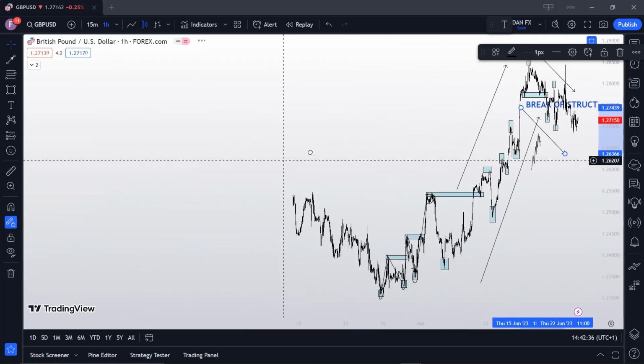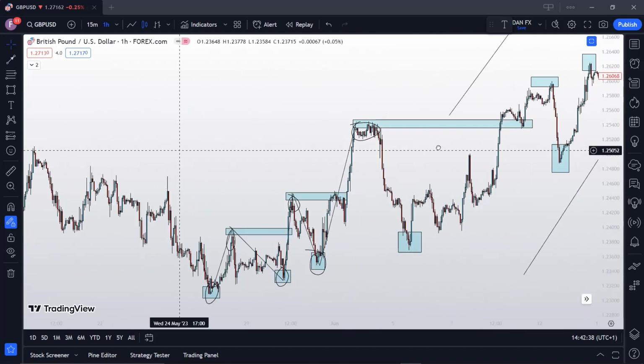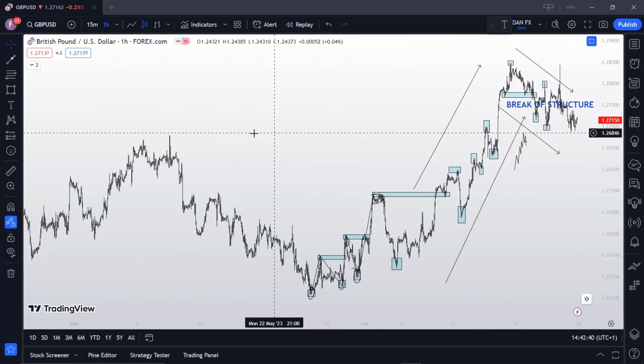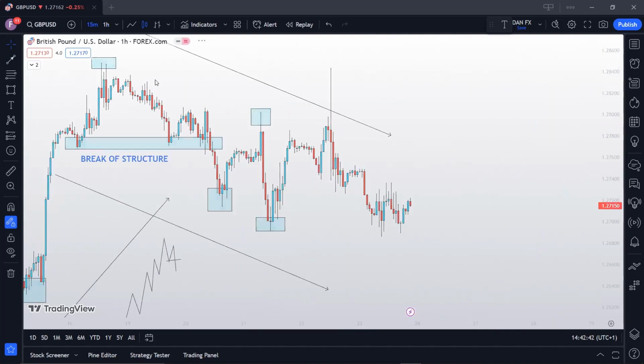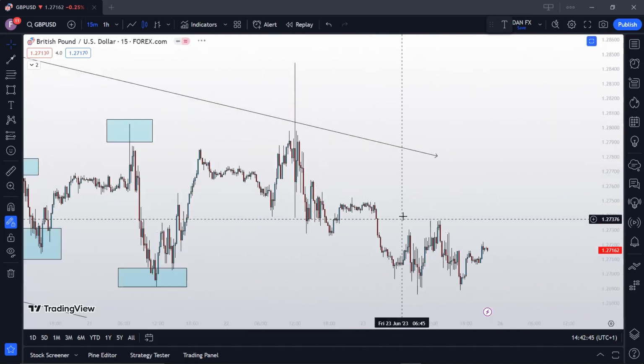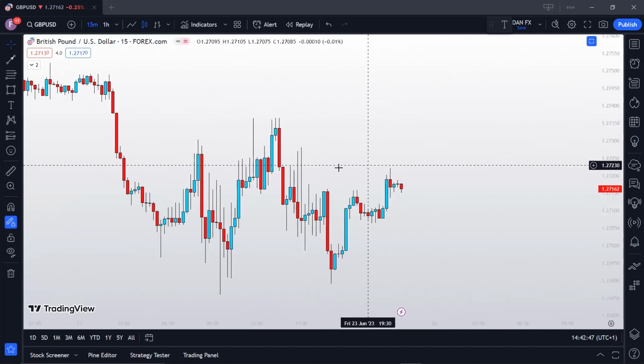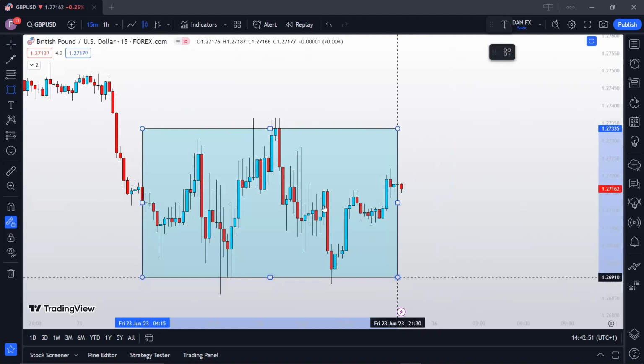Right, so let's see if we can find a sideways market. I think the easiest way to find that is to go on the 15 minutes time frame. So here we have a sideways market. This is a sideways consolidation. Why?